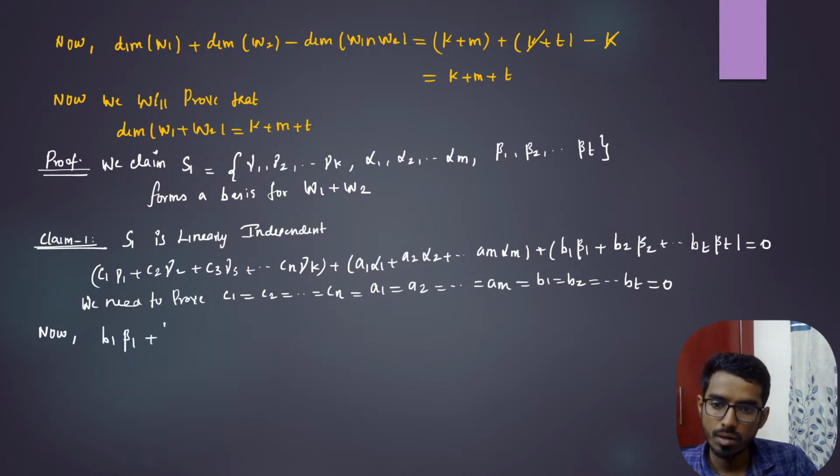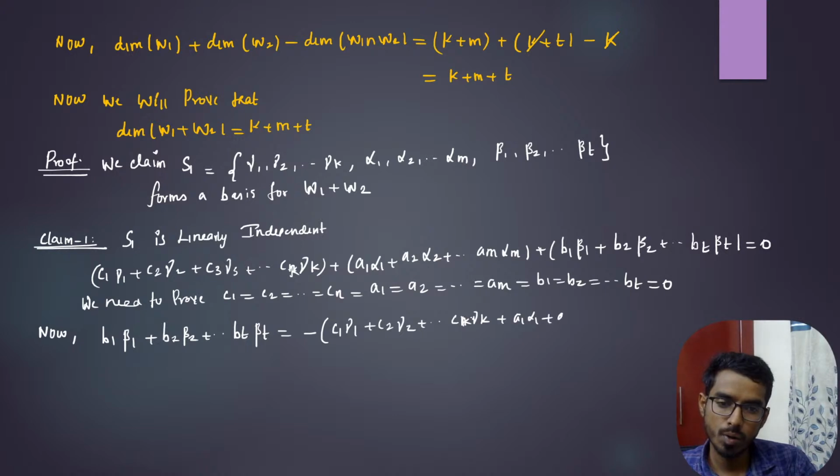B1 beta 1, B2 beta 2 and so on up to Bt beta t equals minus C1 gamma 1, C2 gamma 2 and so on up to Ck gamma k, plus A1 alpha 1, A2 alpha 2 and so on up to Am alpha m. Now, C1 gamma 1.